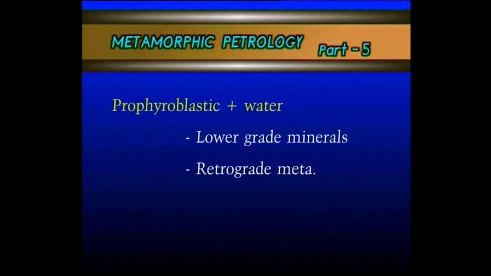Now, the third important case: if any porphyroblast reacts with water, then normally it can change into lower grade minerals. Normally if hypersthene is there, then that changes into biotite. That also gives a reaction ring, which is a low grade reaction ring, or normally retrograde metamorphism.